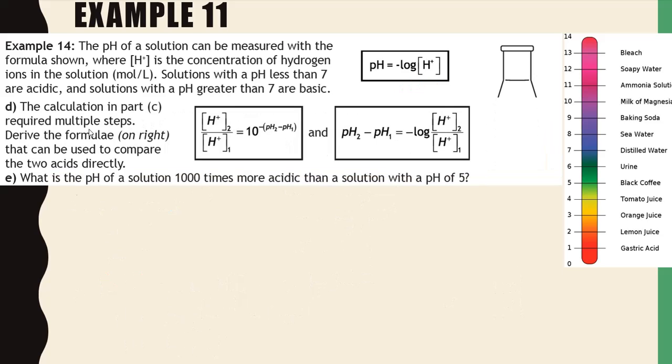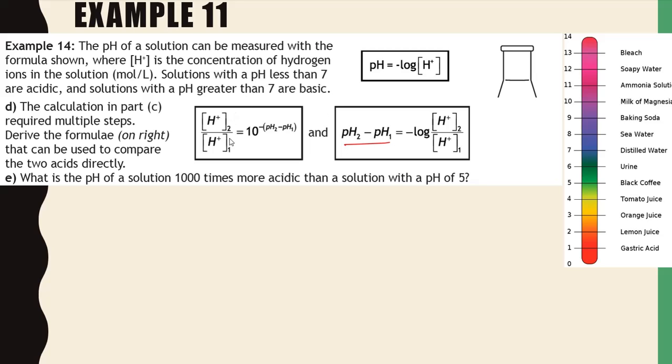Now there are a couple parts I hid from you. The D part is just getting us to derive these two possible formulas. We did that in the previous word problem, so I don't want to do it again. What I do want to do though is this E part. So what is the pH of a solution 1,000 times more acidic than a solution with a pH of 5? Now there are a couple of different ways I could do this. We have two different formulas here that we've been given. We're looking for pH, so we probably want this one.